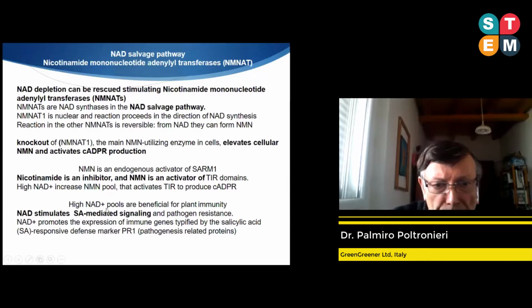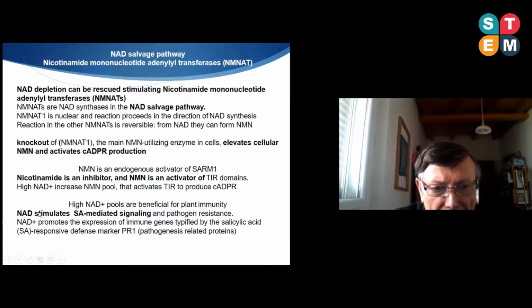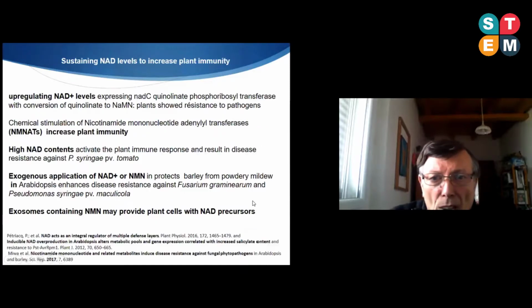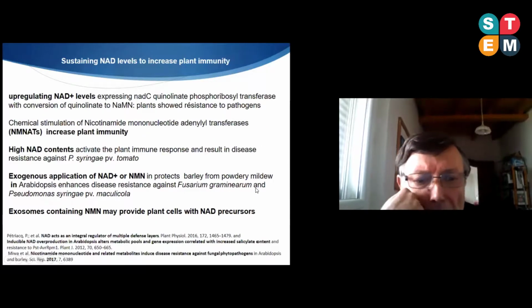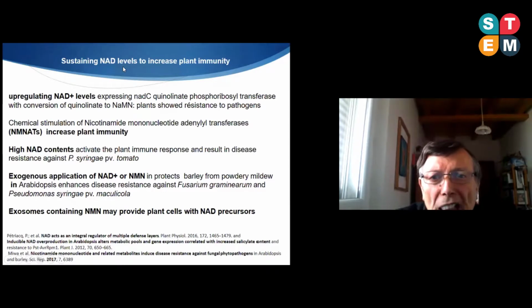So the NAD pools are beneficial for plant immunity, since NAD stimulates salicylic acid-mediated signaling and pathogen resistance. And it is possible to sustain NAD levels and increase plant immunity.